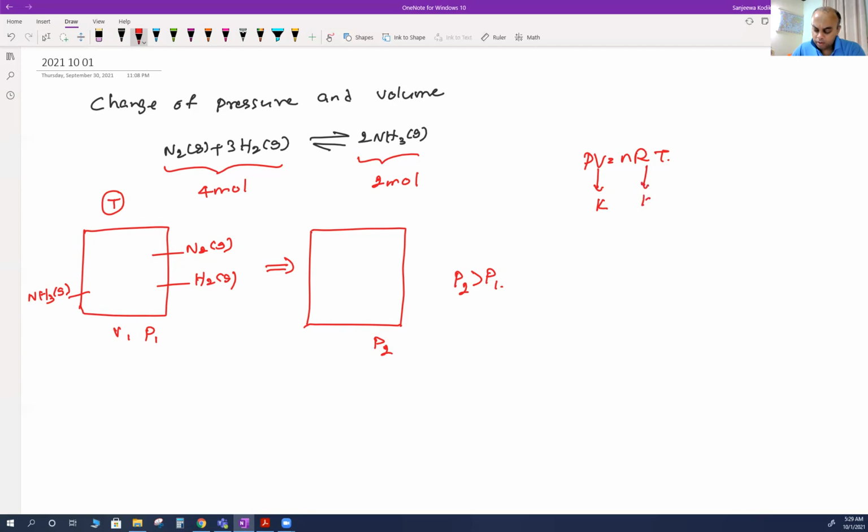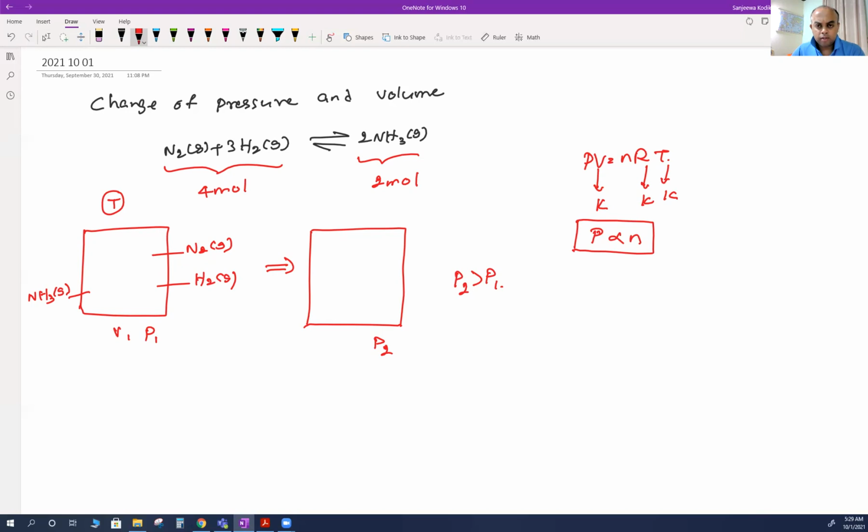R is always a constant. Let's say T is also a constant, because in equilibriums the temperature is also considered constant. So we can directly say pressure is directly proportional to n. The system will try to decrease the pressure by changing the number of moles.